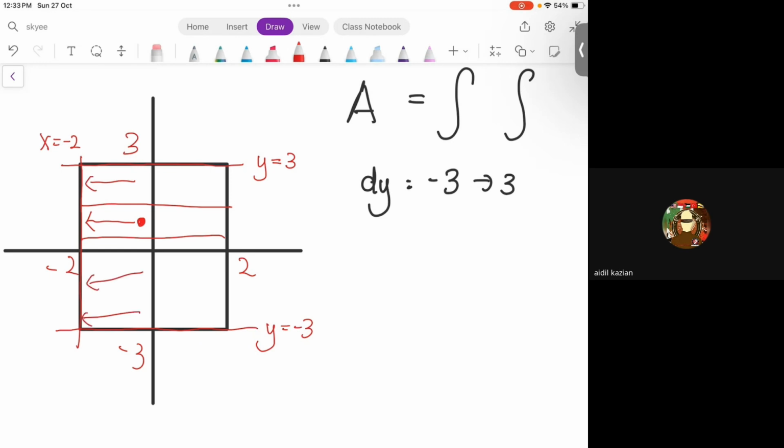When you look at the right, the x equals 2. So my dx here is from negative 2 to 2.